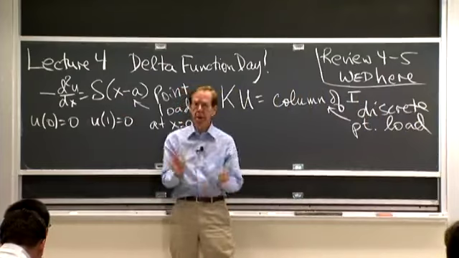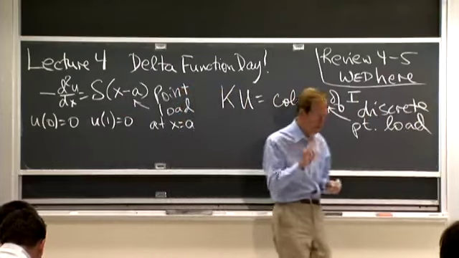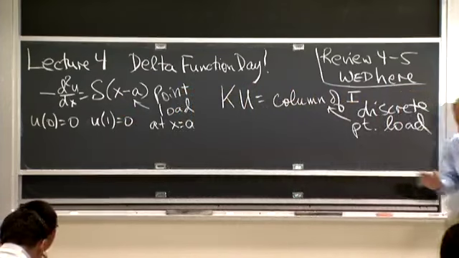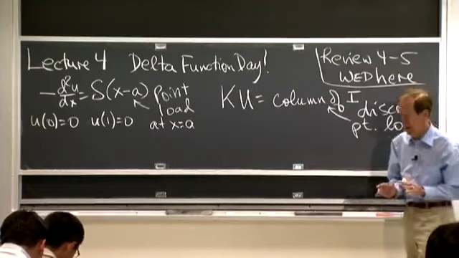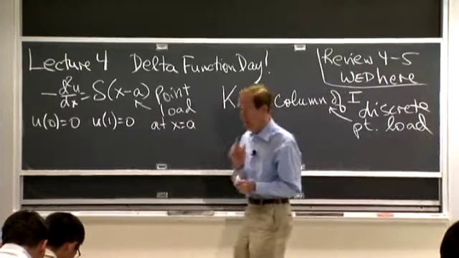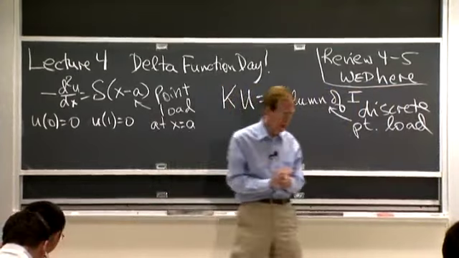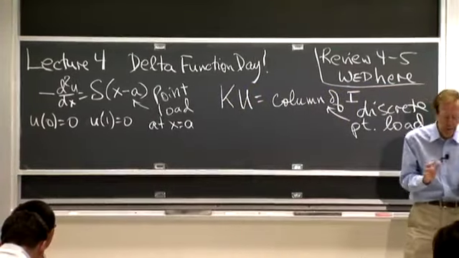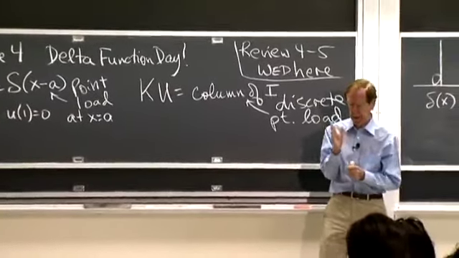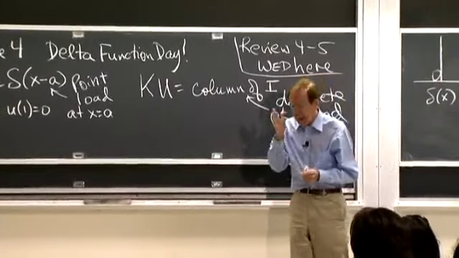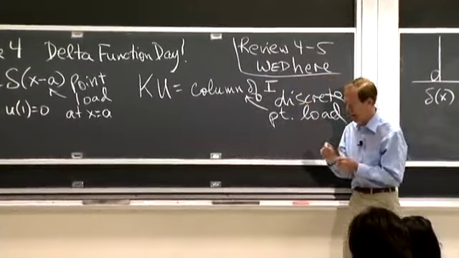Okay, now a delta function, you probably have seen and heard the words and seen the symbol, but maybe not done much with a delta function. So it takes a little practice, but it's really worth it. It's a great model of maybe what can't quite happen physically, to have a load acting exactly at a point and nowhere else.